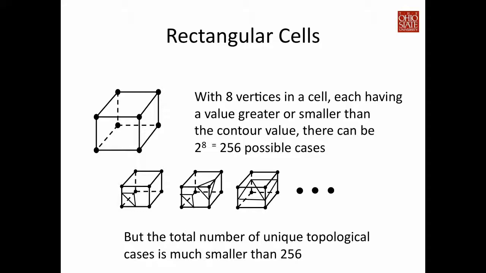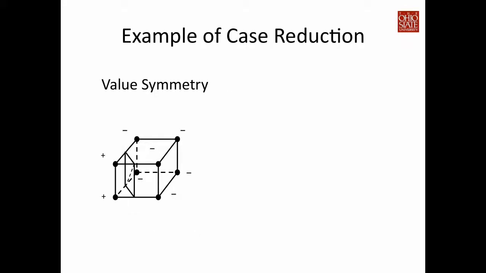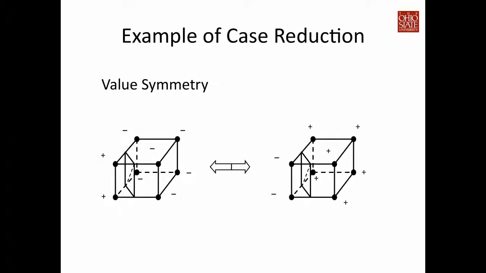For example, consider value symmetry. What does that mean? Over here, we have plus and minus signs on the vertices, indicating whether their values are greater or smaller than the iso value. But if you simply flip the sign, that is, you change every plus sign to minus sign, you are going to get the same set of active edges.